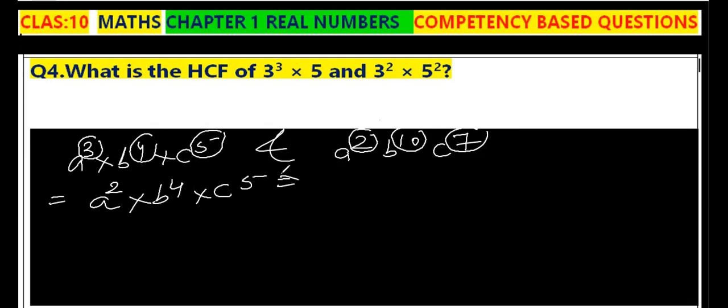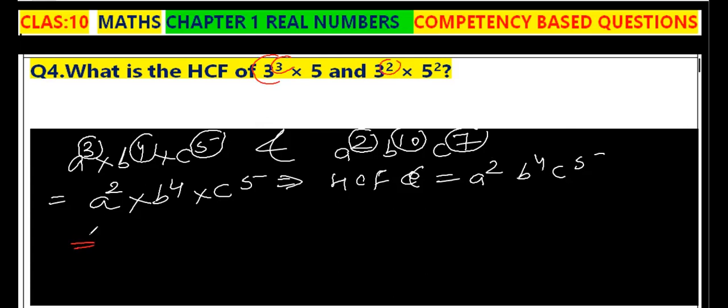So what is the HCF of these numbers? That number is a power 2, b power 4, c power 5। ये आंसर होगा। ऐसे ही अगर मैं इसको इस तरह से लूं, now the HCF here, the 3 power, you will see here 3 power 3 है और 3 power 2 है, तो smallest is what? Smallest is 2, and 5 power is 1 and 5 power is 2, so what is smallest? 5 power 1.